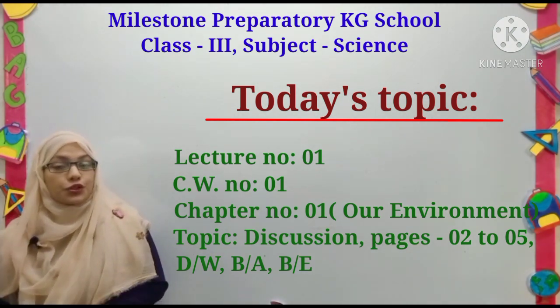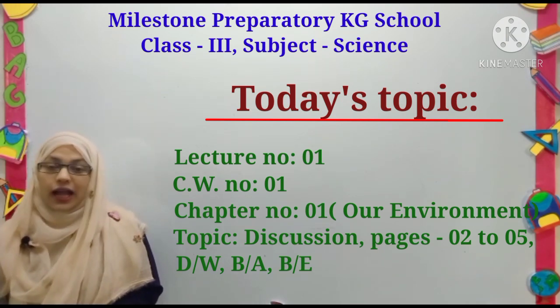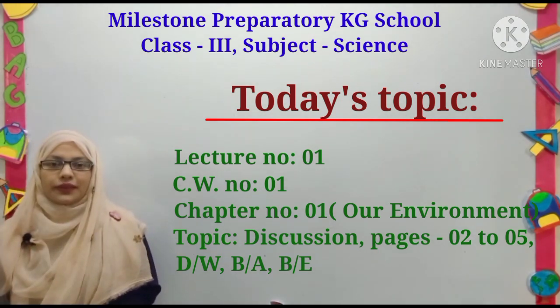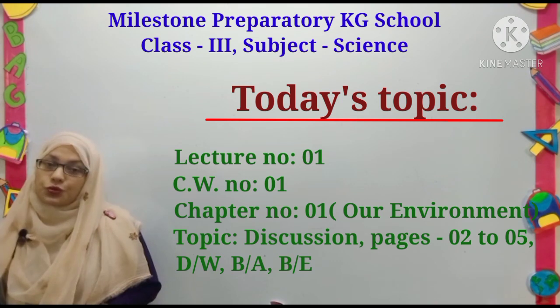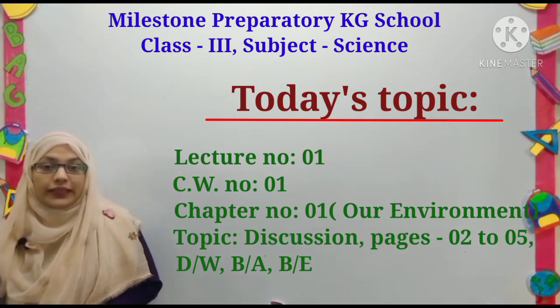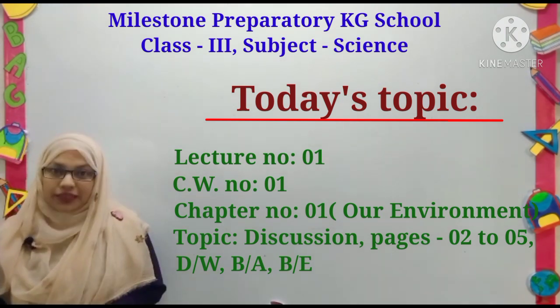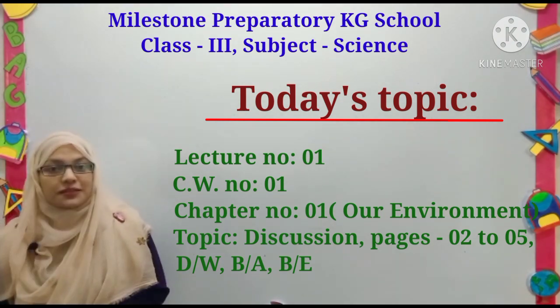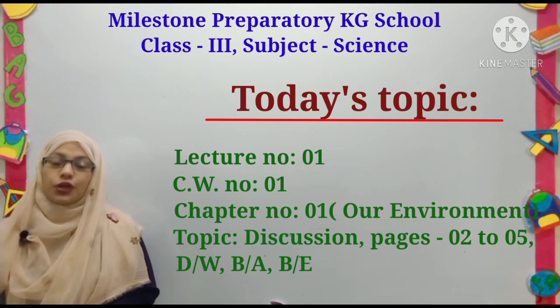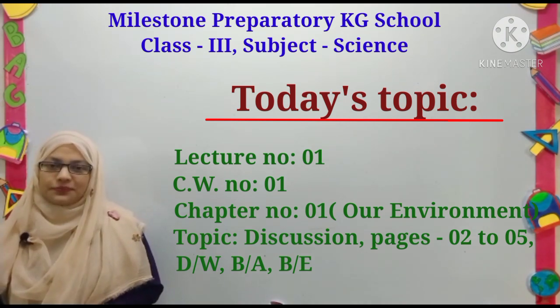The name of our today's chapter is Our Environment. And today our topic is discussion from page number 2 to 5. We will discuss the difficult words from these pages, and we will do the book activity from these pages and also the book exercise.